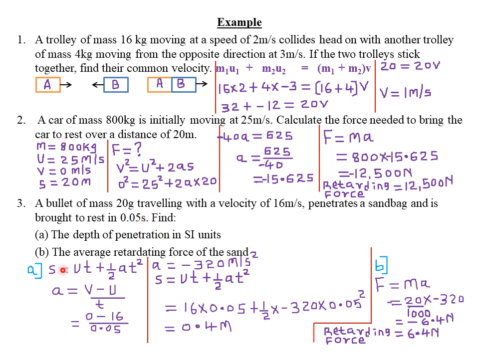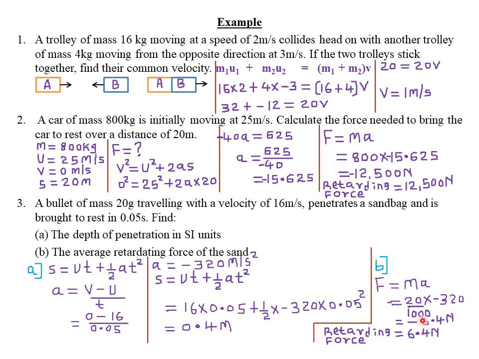Then part B, we are asked to find the average retarding force of the sand. Again, we know from Newton's second law of motion that force is equal to ma. Therefore, we simply take the mass of the body in SI units. To convert 20 grams into kilograms, we simply divide by 1,000, then multiply by the acceleration of the body, which we had already computed as negative 320 meters per second squared.